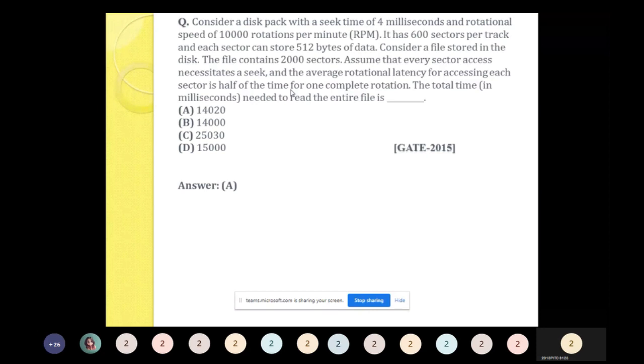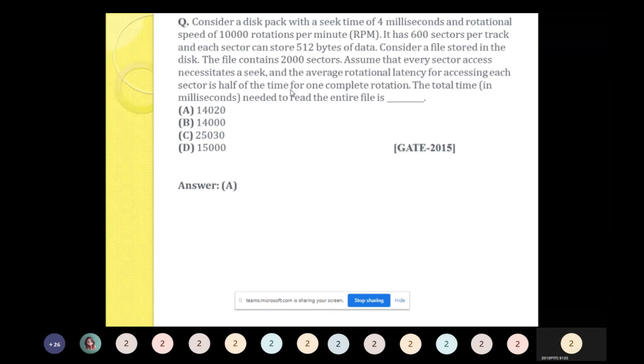But before we start this type of question, we must understand the formula and how to apply the procedure, then we can easily solve it. These questions have been asked since the year 2015.